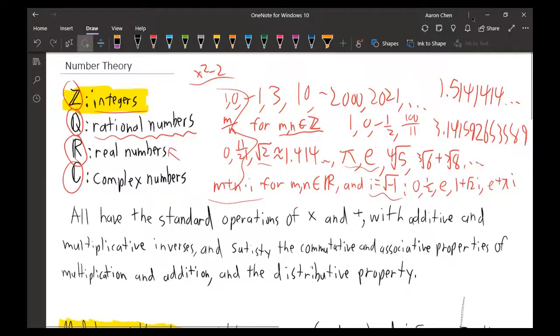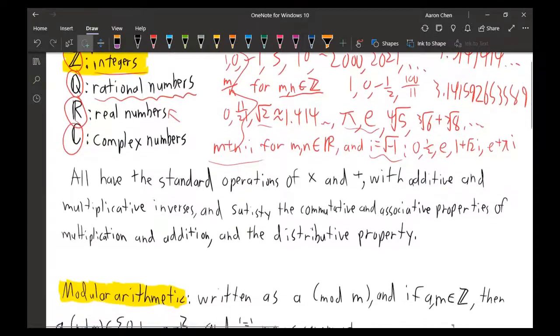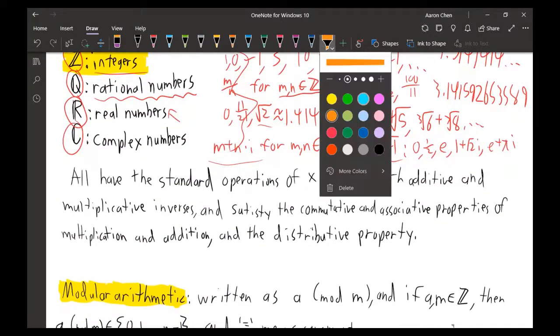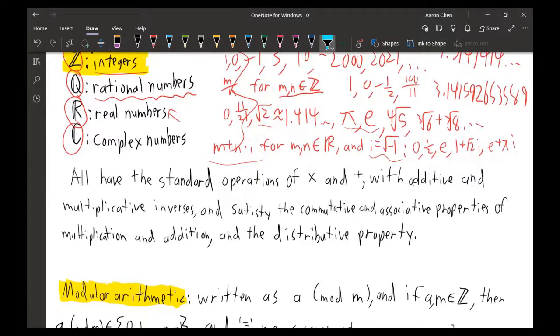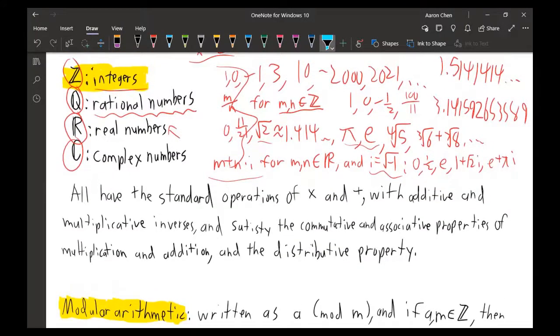Something we should note is that all of these sets are closed under the standard operations of multiplication and addition, where the times and plus symbols mean exactly what they mean in our normal math.